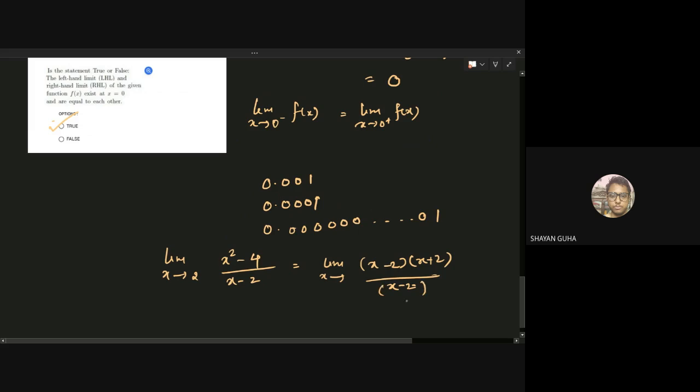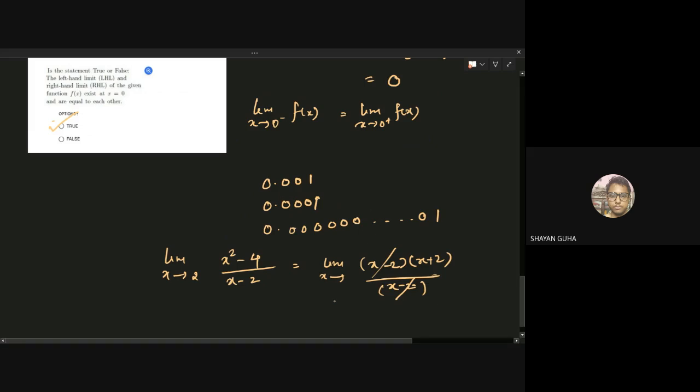But since x is tending to 2, the value of x is not equal to 2, that's why I can cancel both numerator and denominator. Other than that, I couldn't have cancelled, because the function wouldn't have been defined at that point. We can clearly see that the function (x square minus 4) by (x minus 2) is undefined at x equals 2.